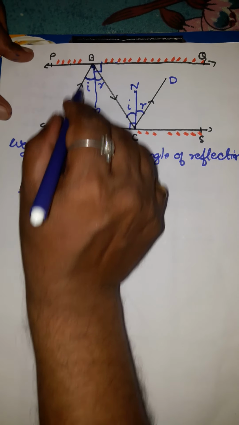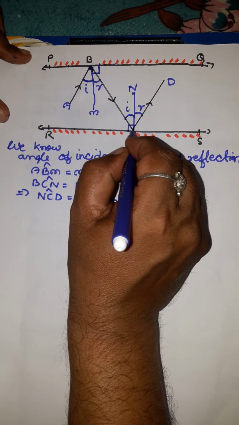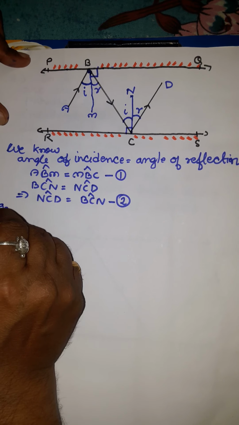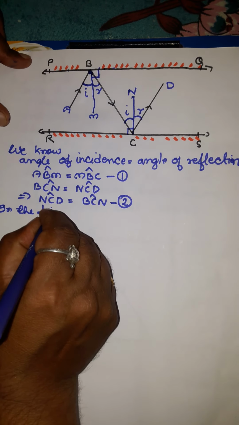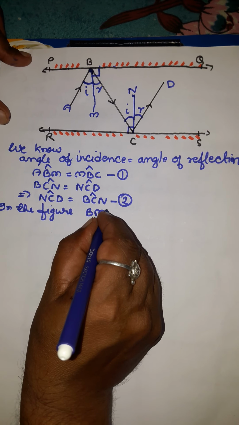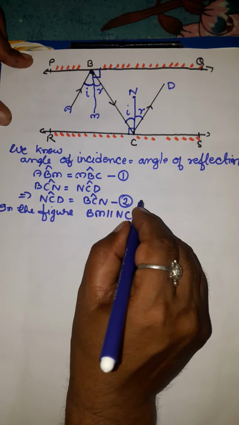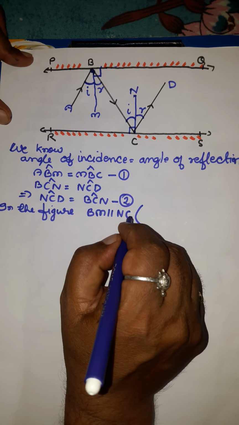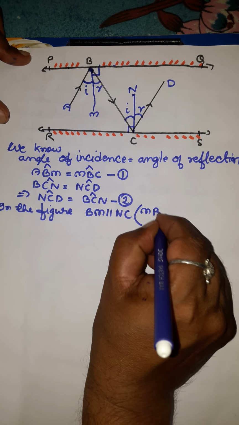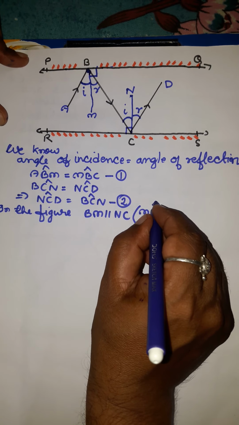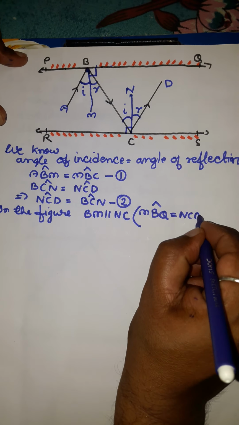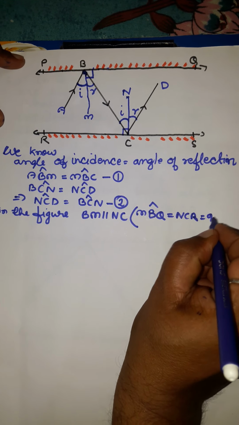So in the figure, line BM is parallel to line CN. The reason we have to write is angle MBQ is equal to angle NCR is equal to 90 degrees.